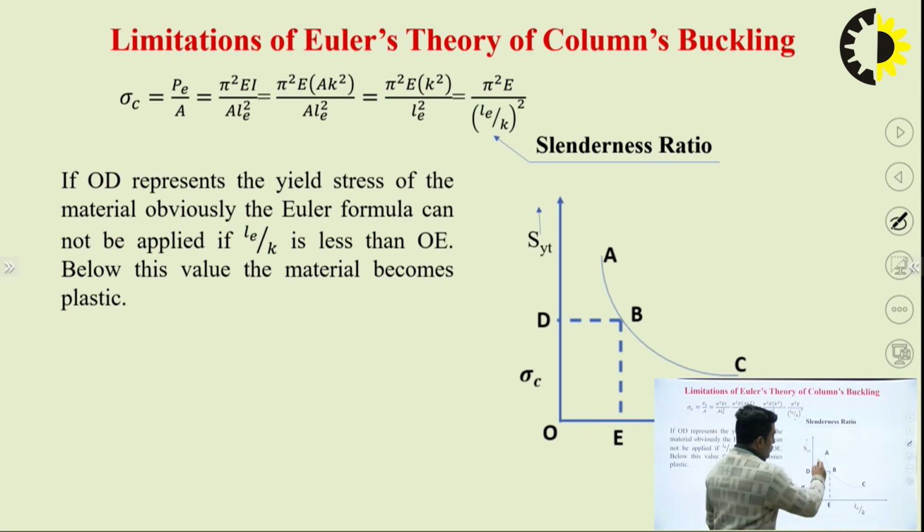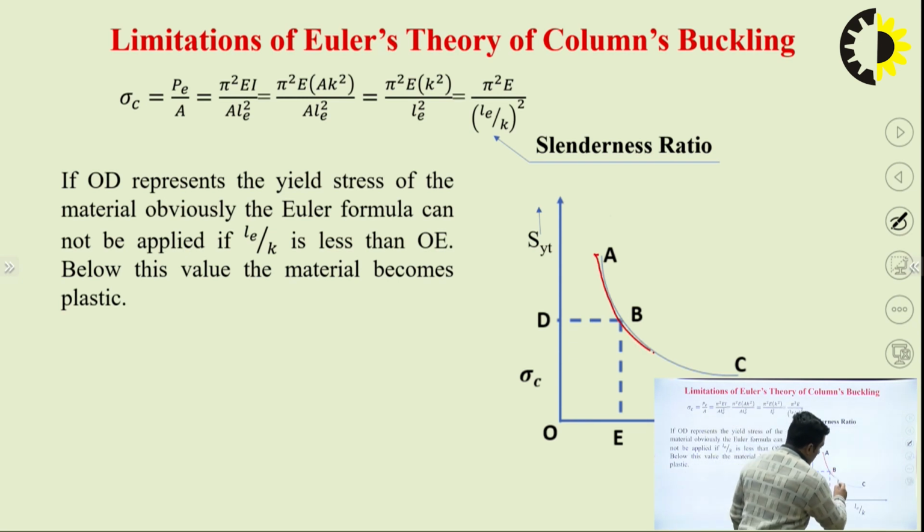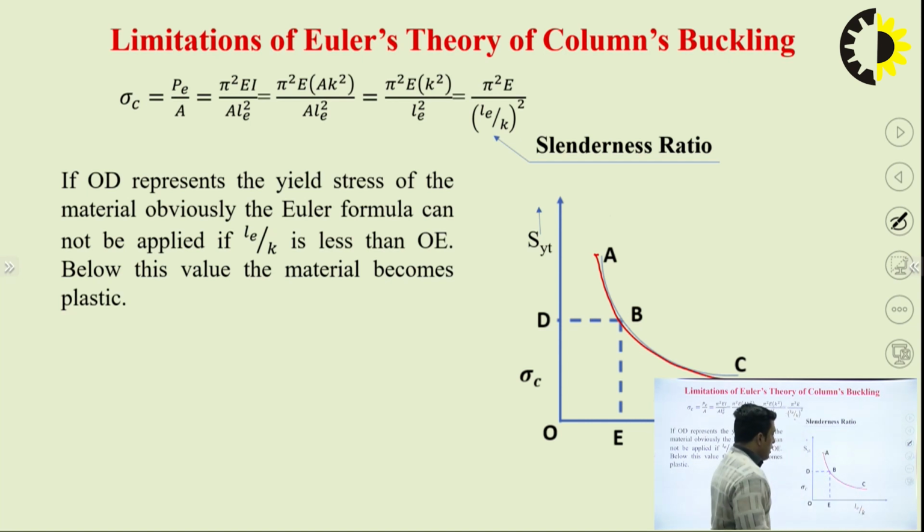In the y-axis you are having S_YT, the yield strength in tension, and L_E by K in the x-axis, that is your slenderness ratio.